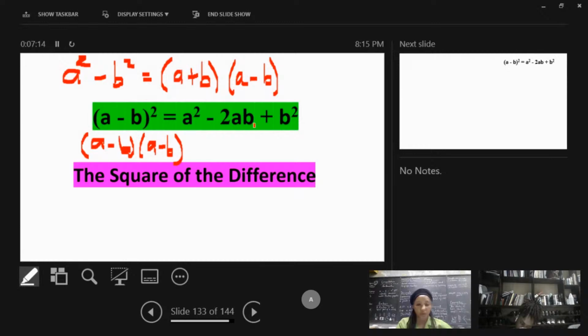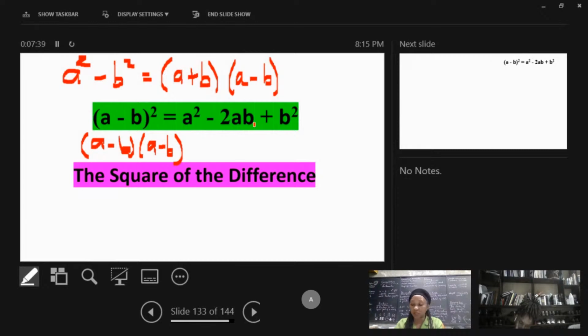And this is what you're going to get: a squared minus 2 times a times b plus b squared. So in other words, square the first term, square the second term and put it at the end. In the middle, it's minus 2 times the first term times the second term.